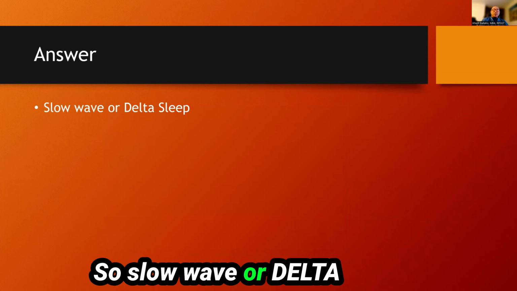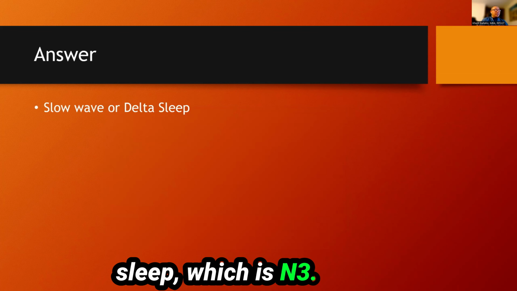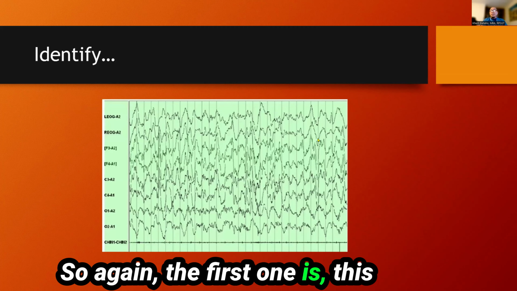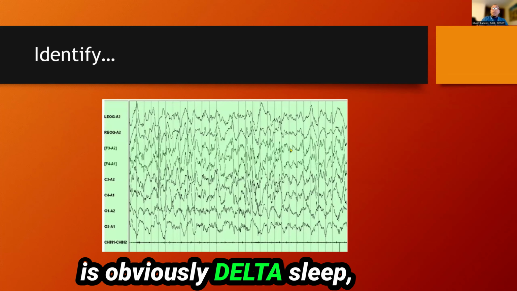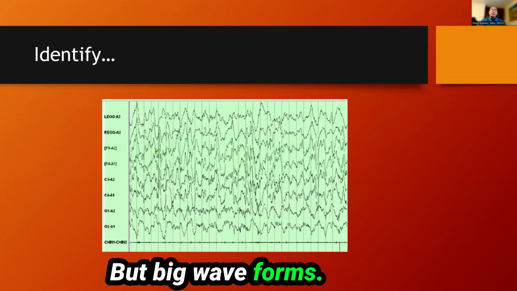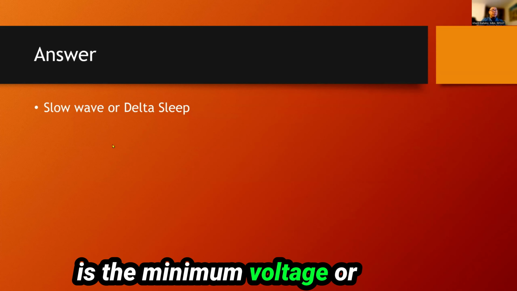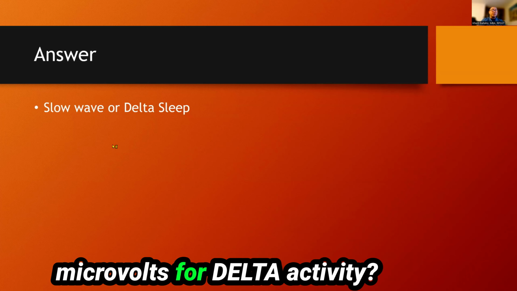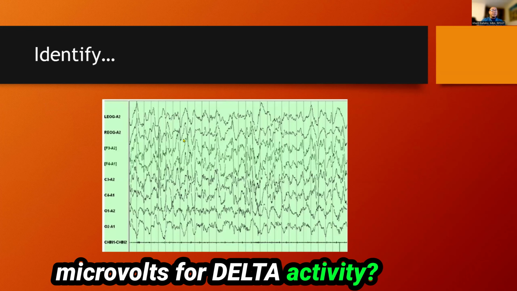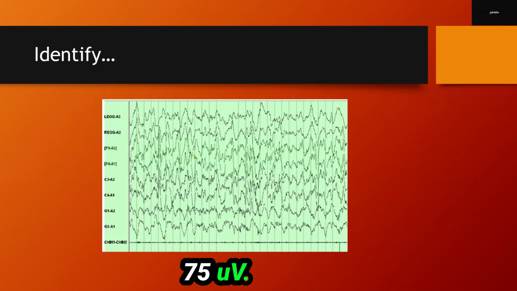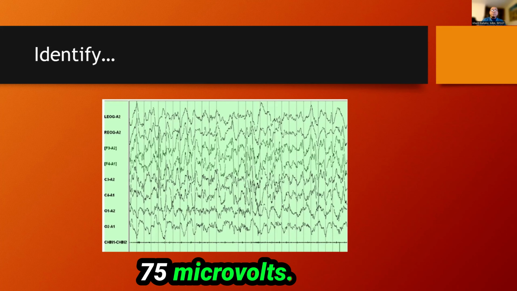So slow wave or delta sleep, which is N3. So again, the first one is, this is obviously delta sleep, but big waveforms. And anybody remember what is the minimum voltage or microvolts for delta activity? 75. Very good. 75 microvolts.